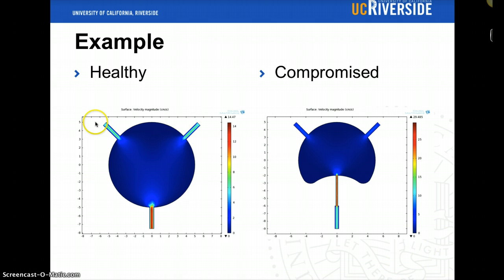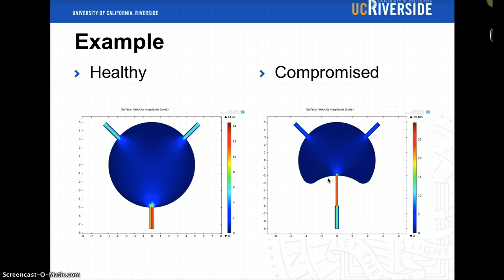Also some rectangles right here to simulate the entrance point of the urine, and then the urethra. And so here we have a healthy one. This is how it normally should look, and you can use the different parameters to model the flow.